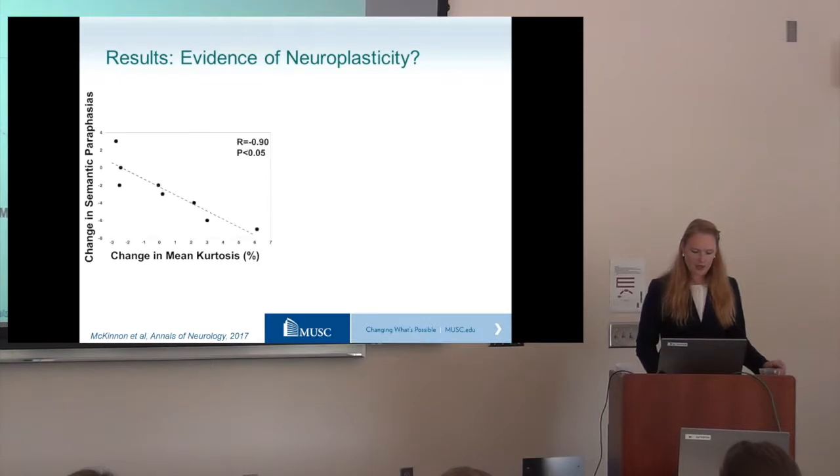If we plotted this out for all of our subjects, we got this beautiful correlation showing that the patients at the bottleneck of the inferior longitudinal fasciculus who had a higher change in kurtosis were those subjects that showed a bigger change in the amount of semantic paraphasias.